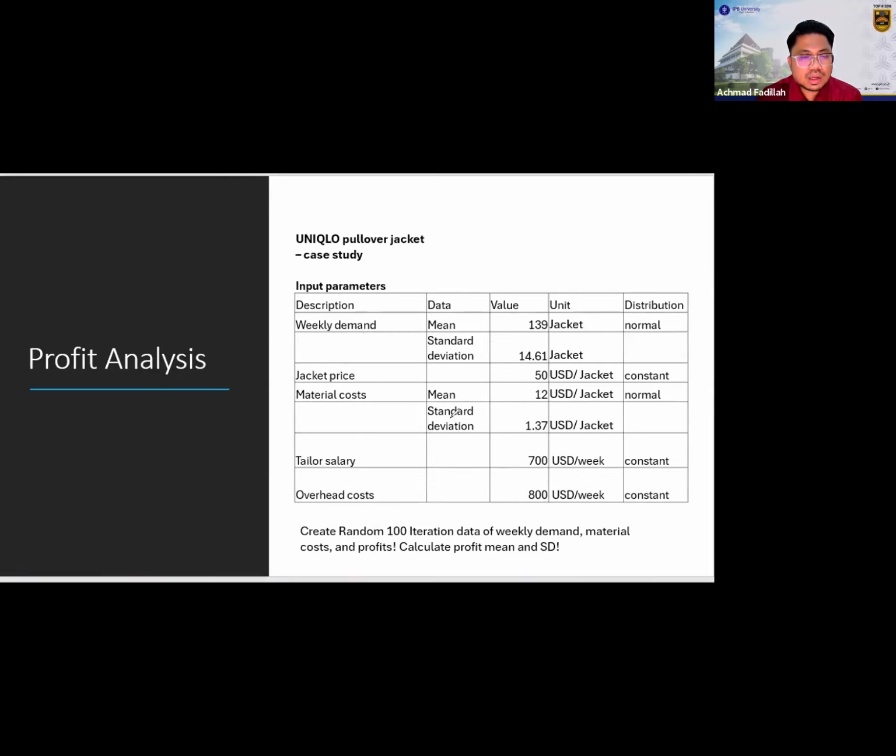It doesn't matter how many jackets they produce, they still need to spare 1,050 in total per week. Okay, without further ado, I will show you the formula here.